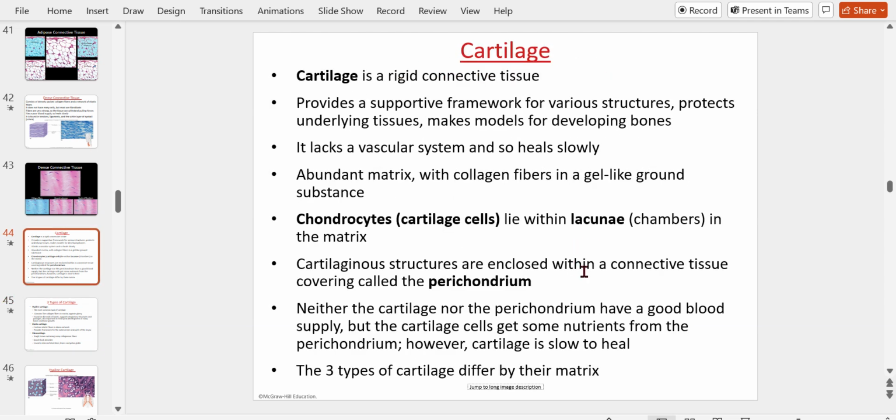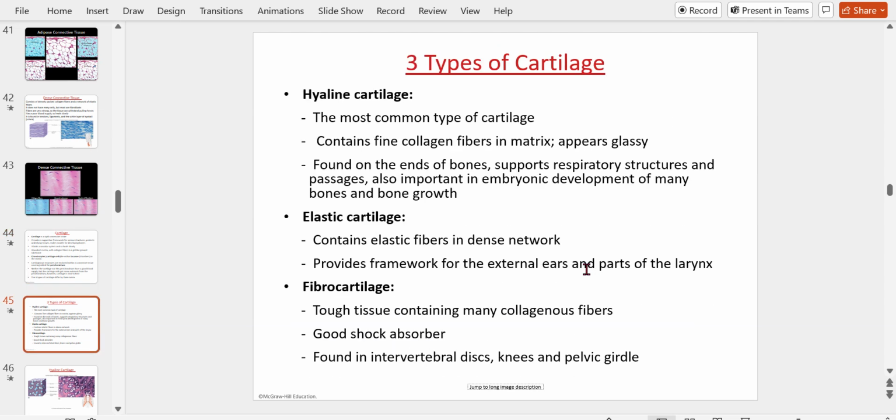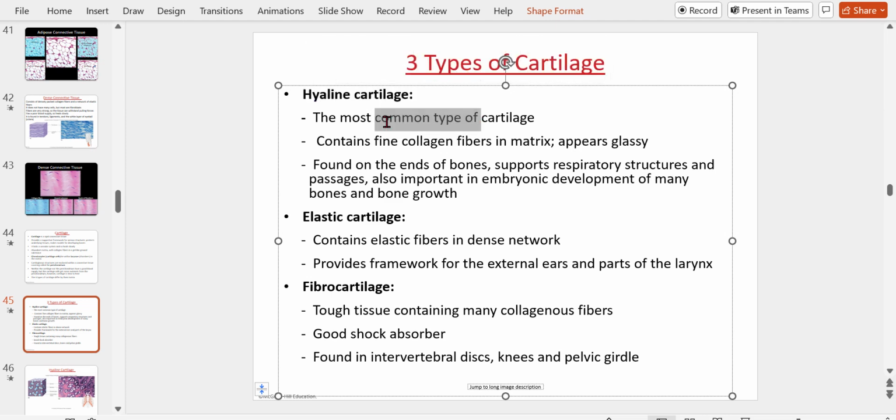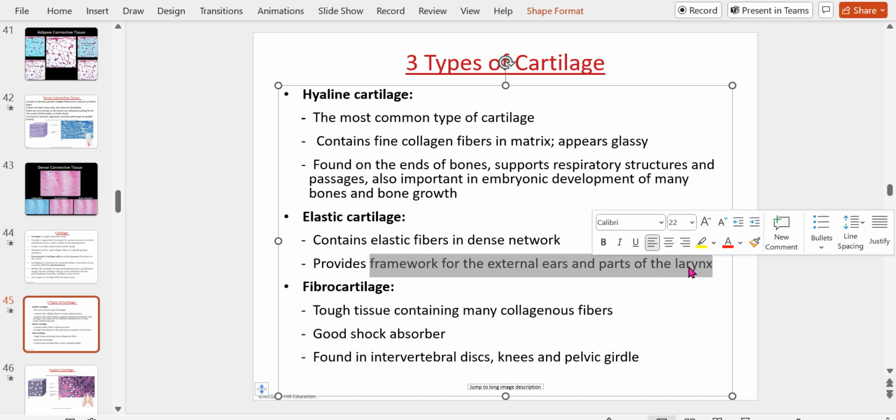The three types of cartilage differ by their matrix. You have hyaline cartilage, which is the most common type. Here we're talking embryonic development and many bone structures. Elastic cartilage contains elastic fibers and provides a framework for the external ear and parts of the larynx.